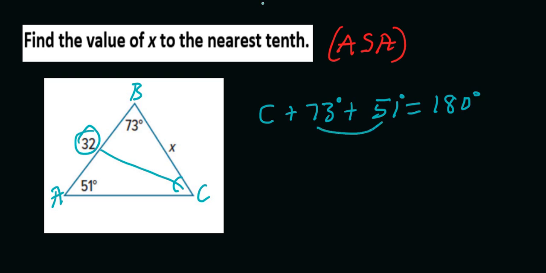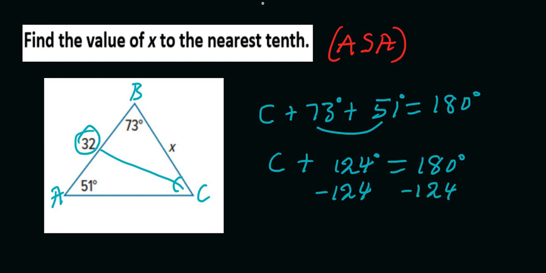So let's add this together. So that will become C plus 124 equals 180 degrees. So at this point, we can subtract 124 from both sides. So this is going to cancel out, and this will become 56 degrees.